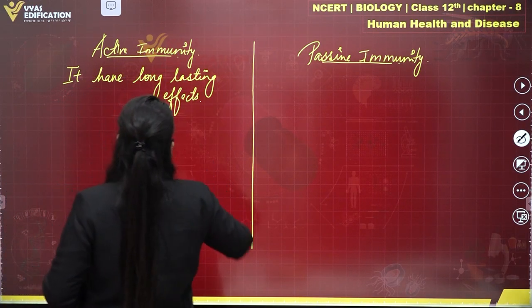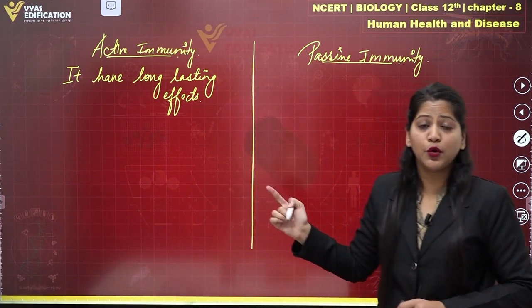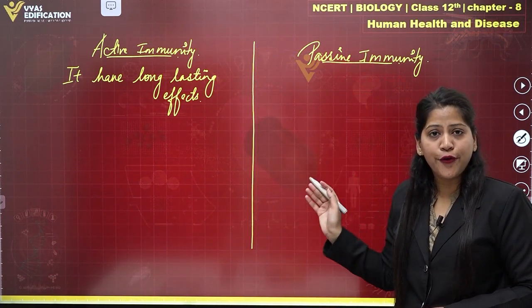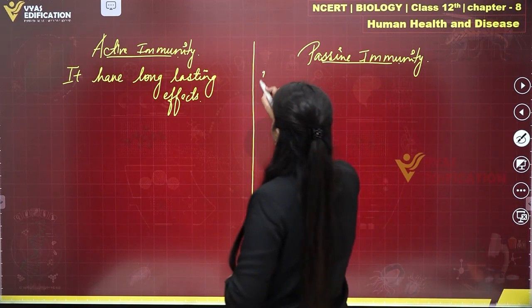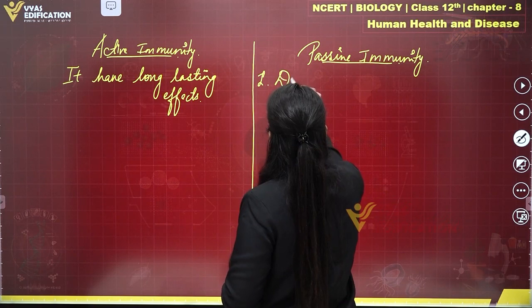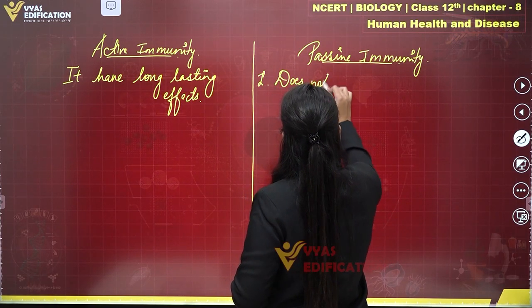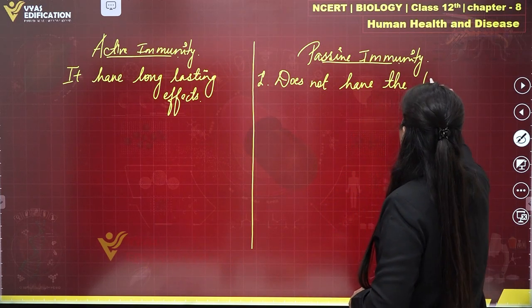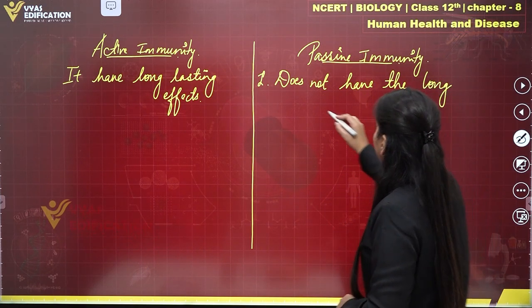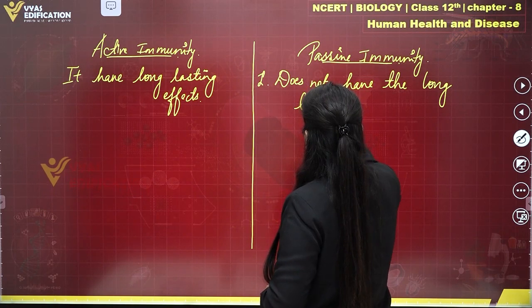Active immunity has long lasting effects, whereas if we talk about passive immunity, it does not have the long lasting effects.